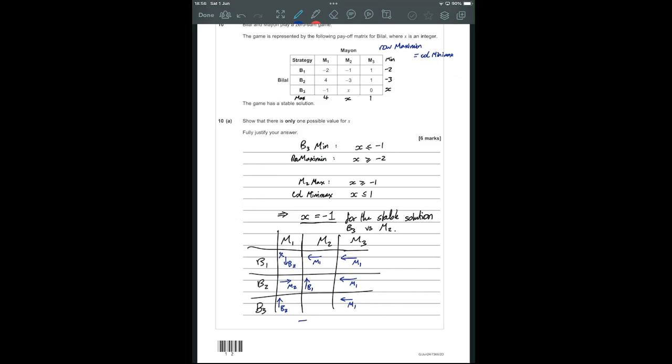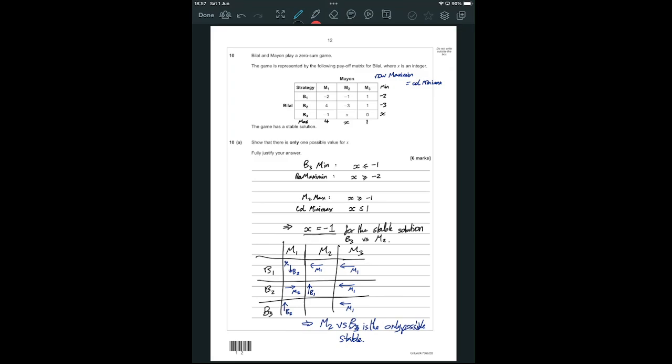So that implies that M2 versus B3 is the only possible stable, because we've been told there's a stable solution, so that's the only possible one to be stable, and then it all works above to find the value of X. Again, I feel like that's a bit excessive of an argument at A level, but then again, this is the very last question, so I'm not surprised if it did. Maybe the stuff in black was enough.